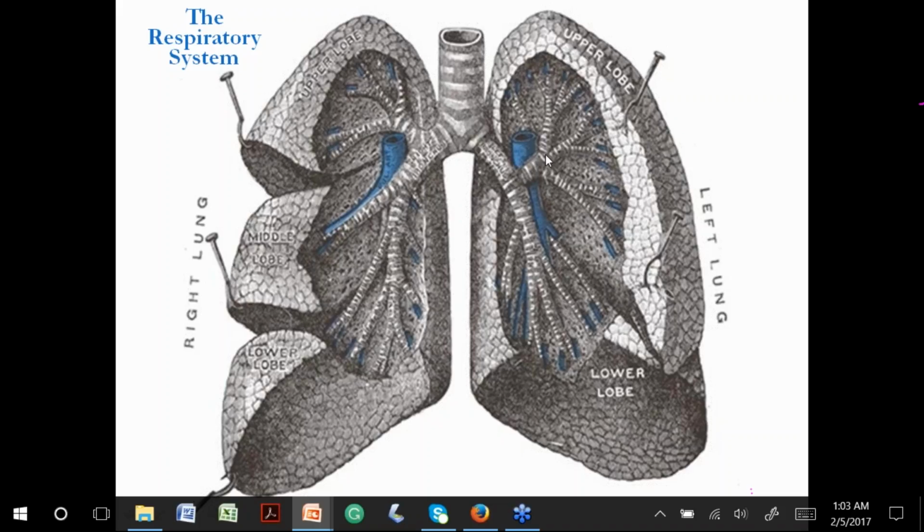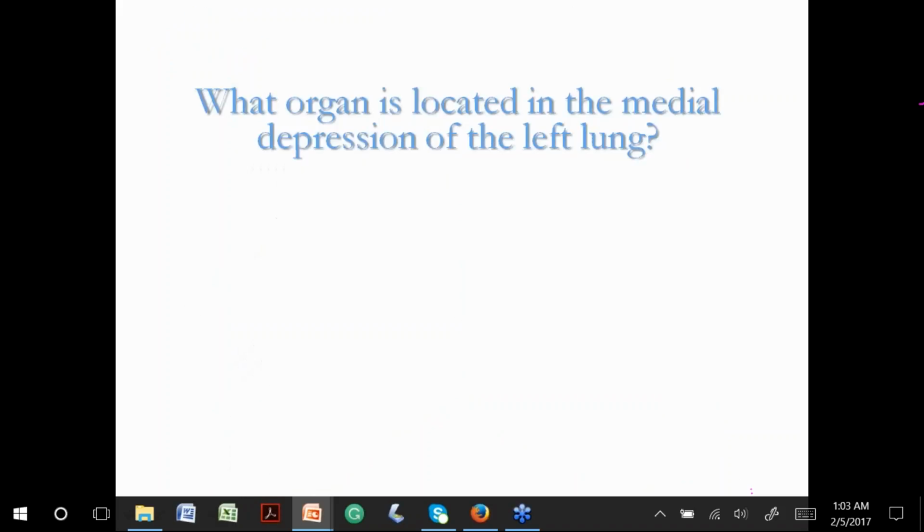Meantime, in the left lung, we have the upper or superior lobe and the lower lobe. Same superior and inferior, but we have a middle lobe on the right side.